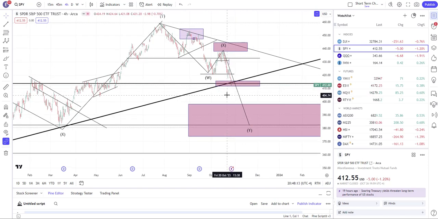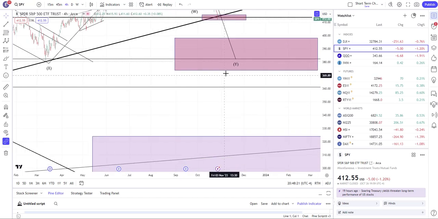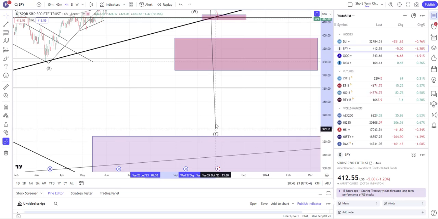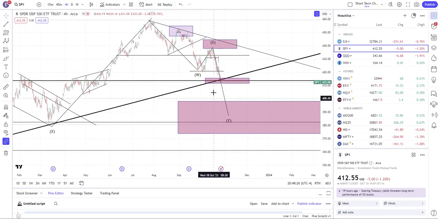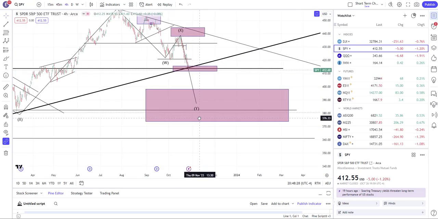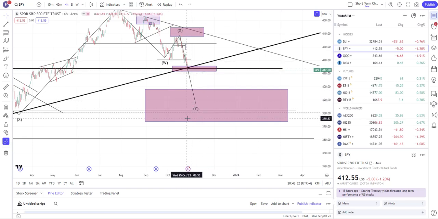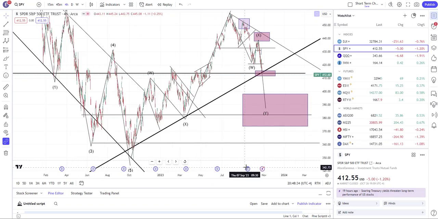Based on what I'm seeing, I don't have a major breakdown to show that we're heading straight down for 323, but I do think we go lower, and we'll see how this plays out, where we end up when we go down here, where the momentum is.